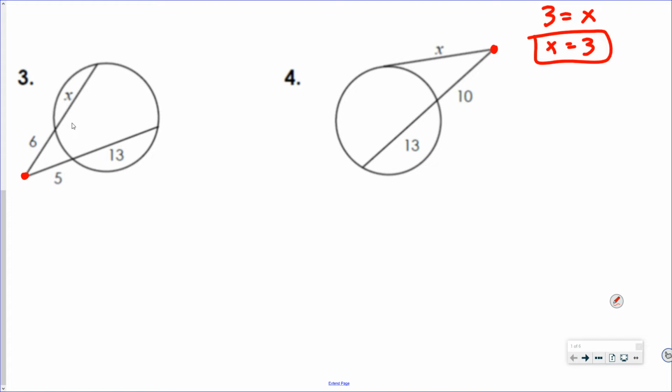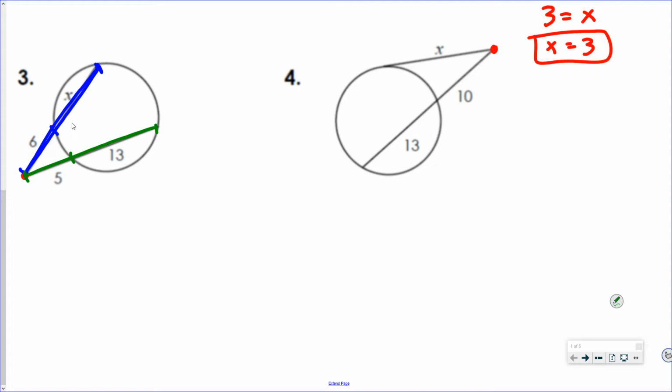This rule is, still kind of think of the segment in pieces. So this secant segment, this is called my exterior piece, is 6. And in this segment, my exterior piece is 5. But this time, you don't take 5 times 13.